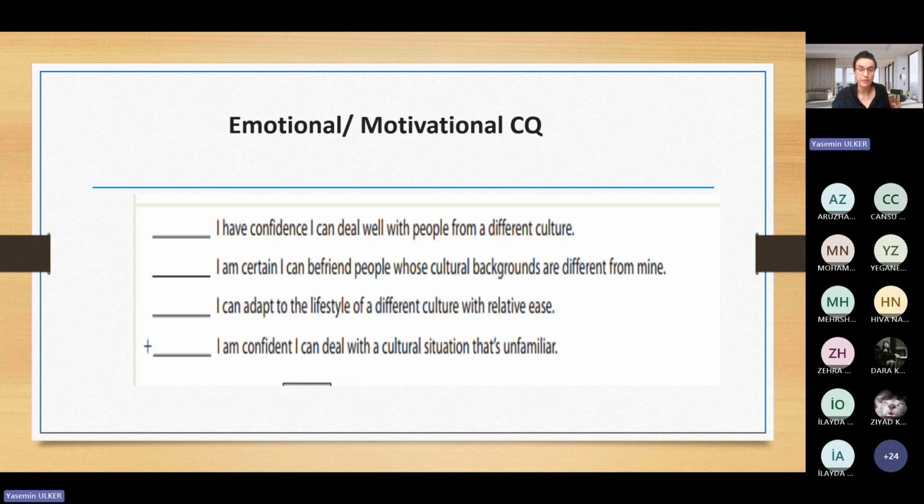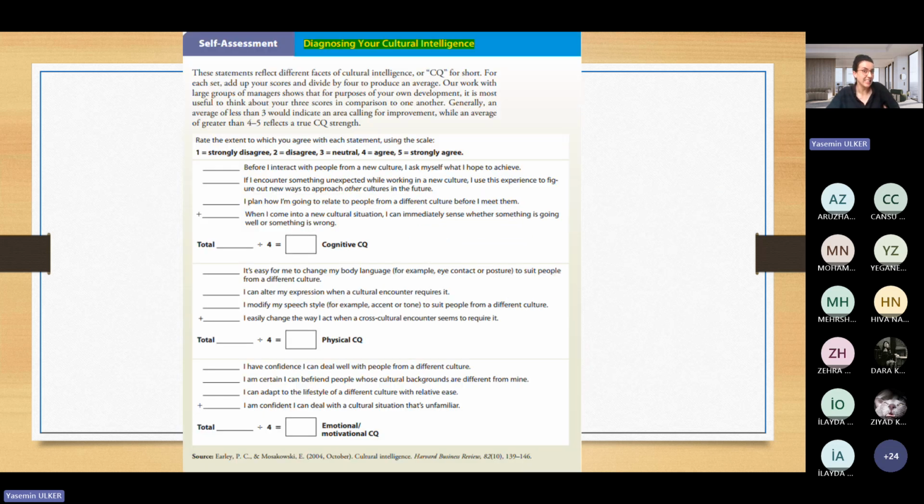Imagine you're going to meet a Chinese company that you're going to work with, or Japanese or United States, whatever it is. If you're not aware of their cultural aspects, you may not be happy at the end of it.